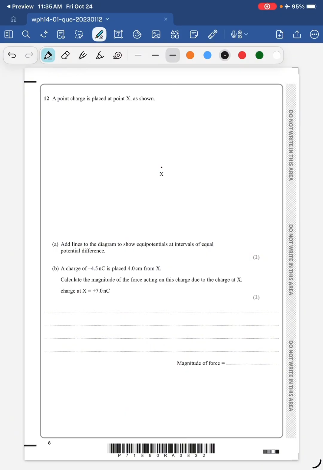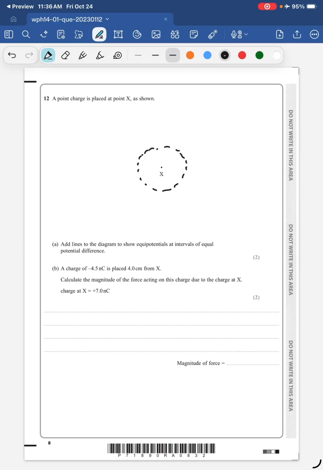A point charge is placed at point X as shown. Add lines to the diagram to show equipotentials at intervals of equal potential difference. Okay, so let me see. It's a point charge, at intervals of equal potential difference. Equipotentials for point charges look like circles.